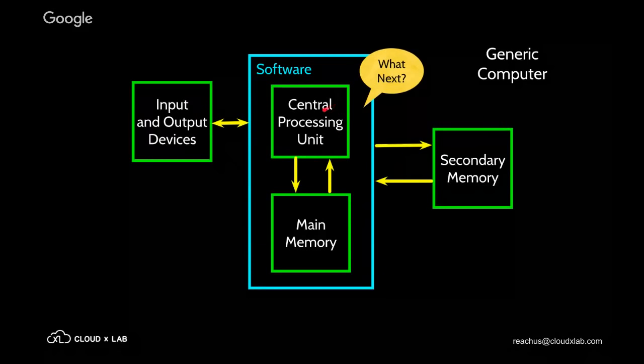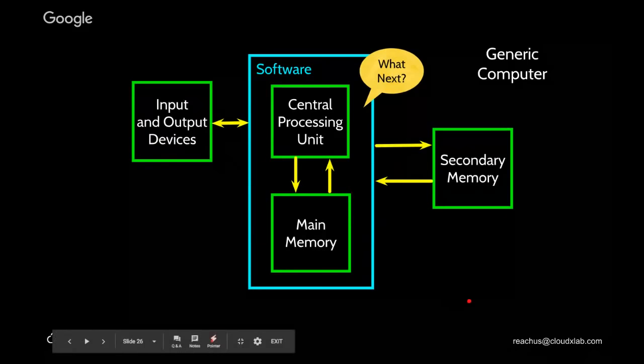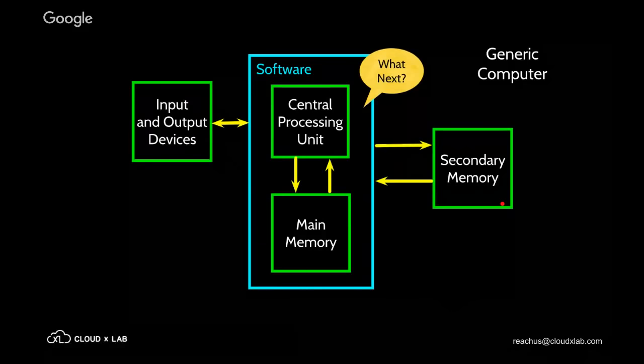We give the list of instructions to CPU. And of course, in case we need something to be in the secondary memory like configuration file and so on, we basically bundle it together with our code.